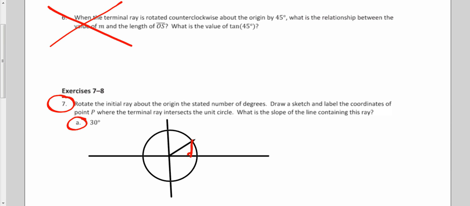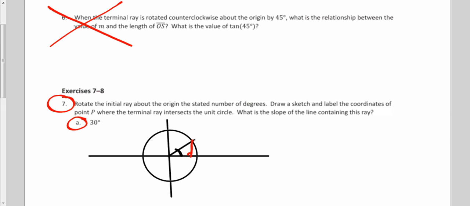If this angle right here is 30 degrees, what is the tangent of that angle? How do I find the tangent of that angle?